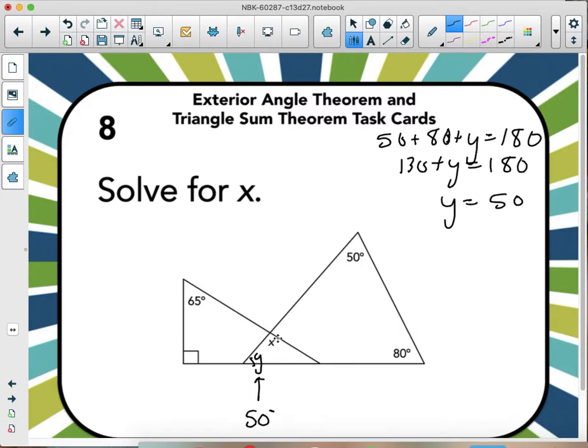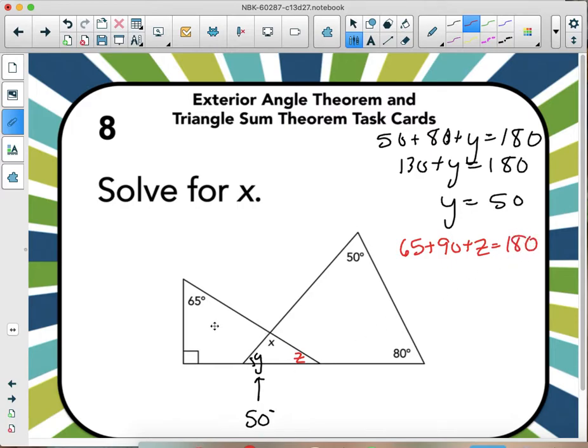For me to figure out what x is, I would also need my other piece over here. So I'm going to change colors so this isn't all in the same thing. Again, I got 65 here, I've got 90 here, so over here I'm going to call this z and say we're going to try to figure out what z is. Okay, so I've got 65 plus 90 plus z equals, again, 180.